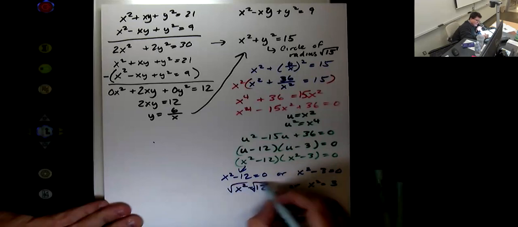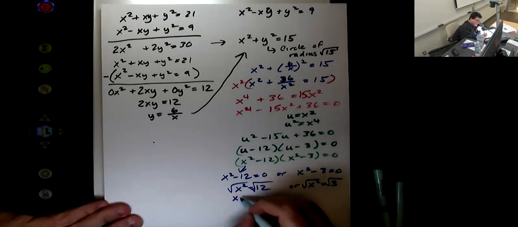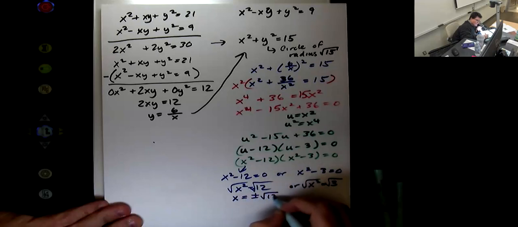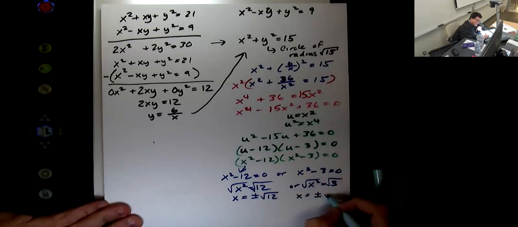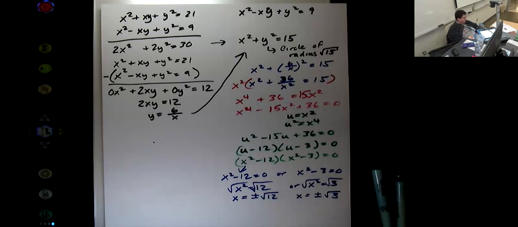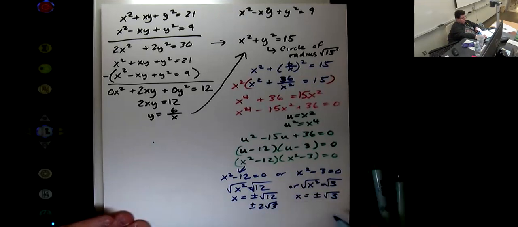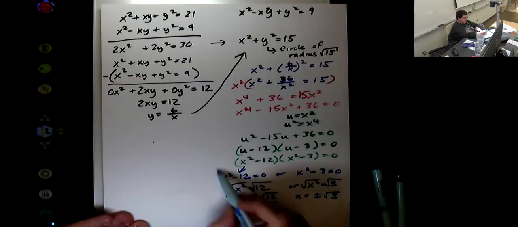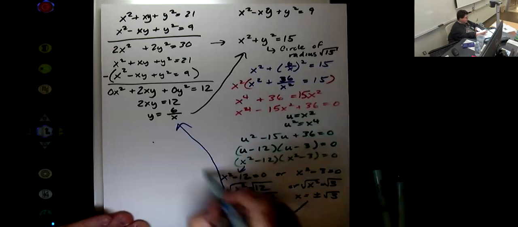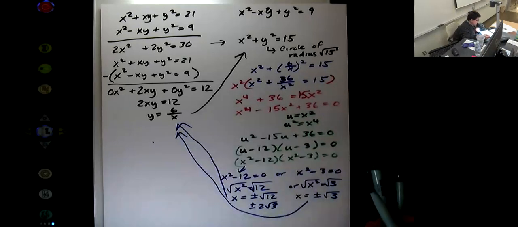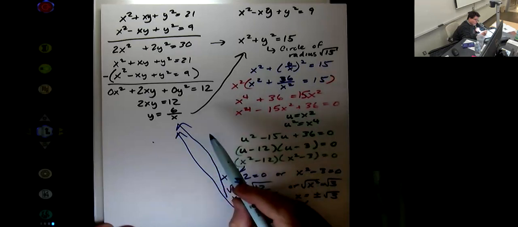And I'll take the square root of both sides. I get x equals plus or minus square root of 12, and x equals plus or minus square root of 3. Square root of 12 is 2 root 3. So if I take these and plug these in up here, we're actually not going to get all the answers we want.